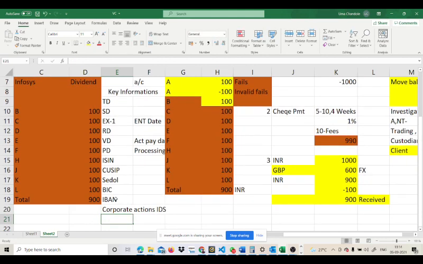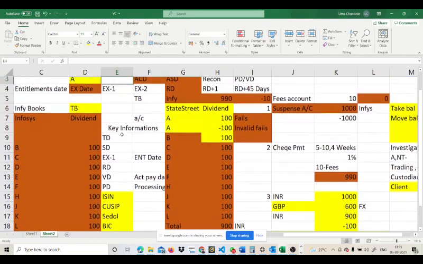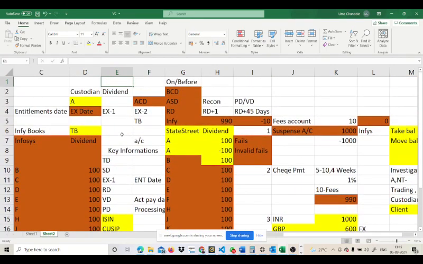Right. So we should be familiar with all these identifiers, because every time we have to search for information by a particular identifier, otherwise we won't be able to find the information. So if we want the information, we should know what is ISIN, what is CUSIP, what is SEDOL, BIC code, IBAN, corporate action IDs and all. Then you can easily find the information in your internal applications, right? So this is how the investigation works.